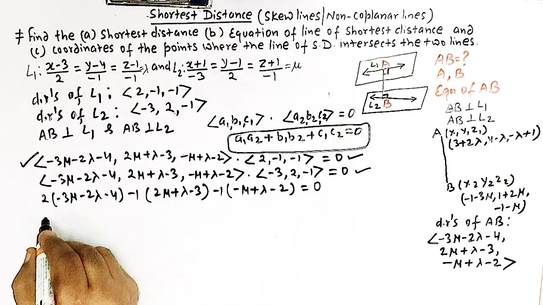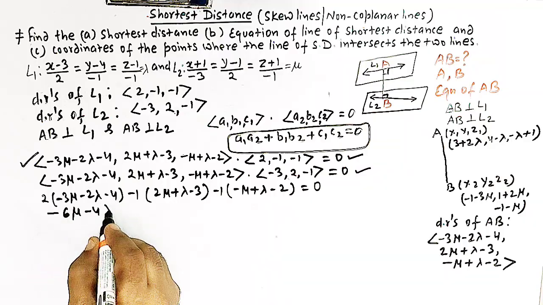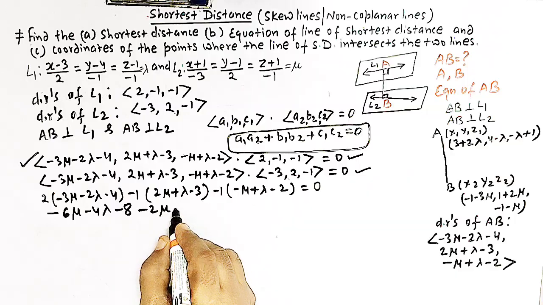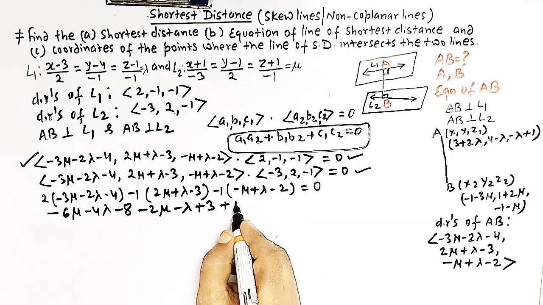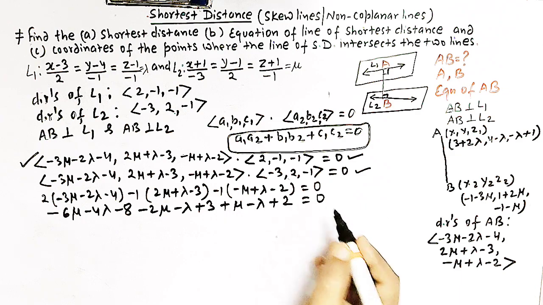So let us simplify it. We have minus 6 mu, then 4 lambda minus 8, then we have minus 2 mu minus lambda plus 3, then we have plus mu minus lambda plus 2 is equal to 0.